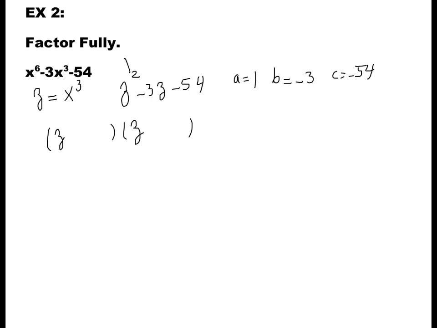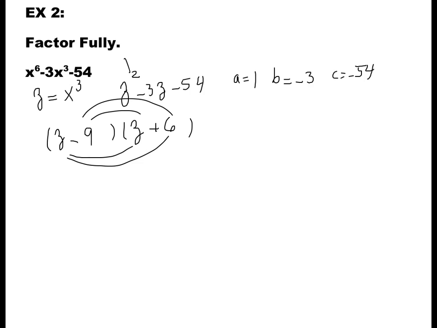Since it's negative 54, one of them has to be negative. But the sum is negative 3, so 9 has to be negative. So I'm going to get z minus 9 and z plus 6.